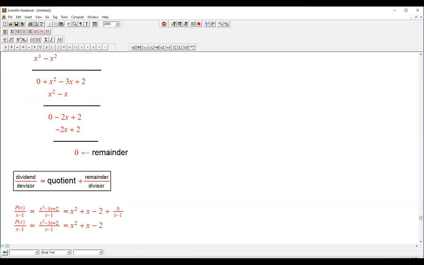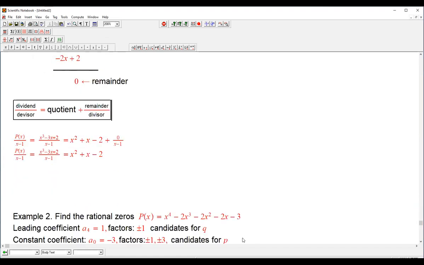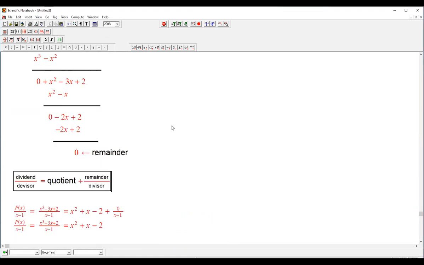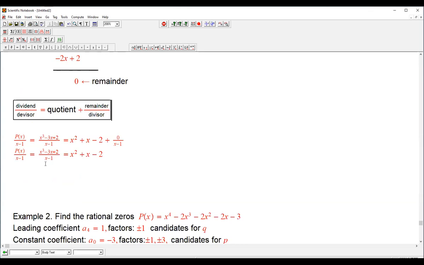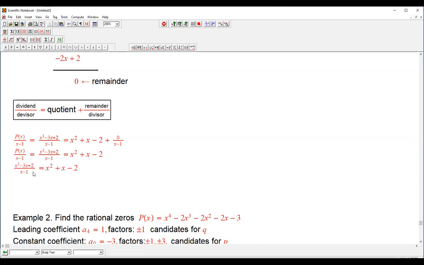There, so I boxed it. The consequence of what we have done for this example, after long division by one of the identified factors, is that we get this form. Once we get this form, we can multiply both sides by x minus 1.